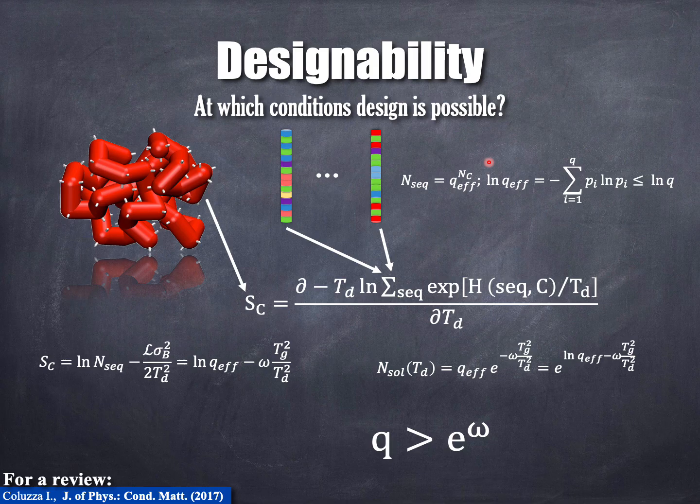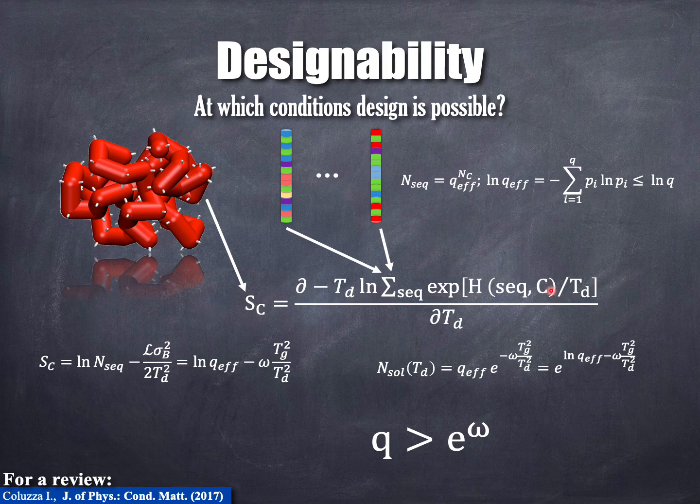The mean field theory helps us define such a condition by looking at the entropy of a heteropolymer with a target configuration, like this entropy here, which is basically nothing else than the derivative of the free energy of this particular configuration, where we average over all possible sequences that you can place on top of this protein.